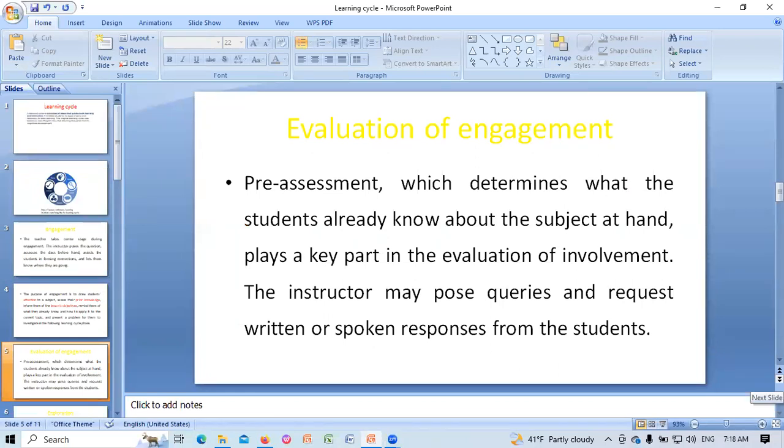Evaluation of engagement is pre-assessment, which determines what the students already know about the subject at hand. The teacher may pose queries and request written or spoken responses from the students.